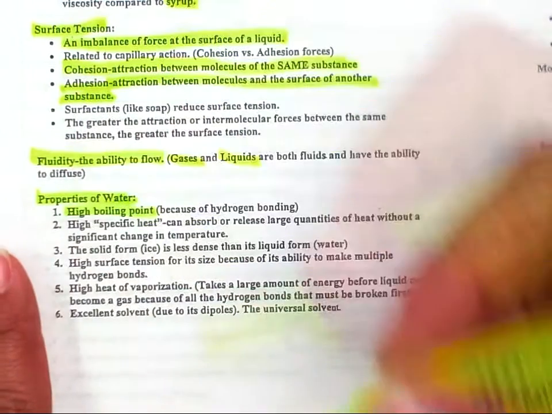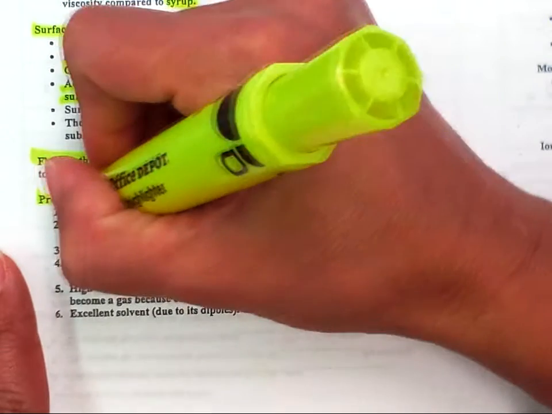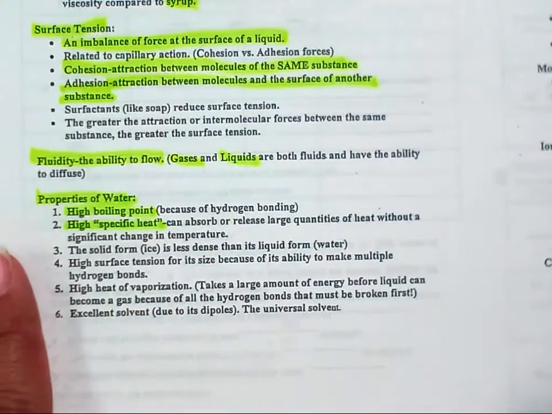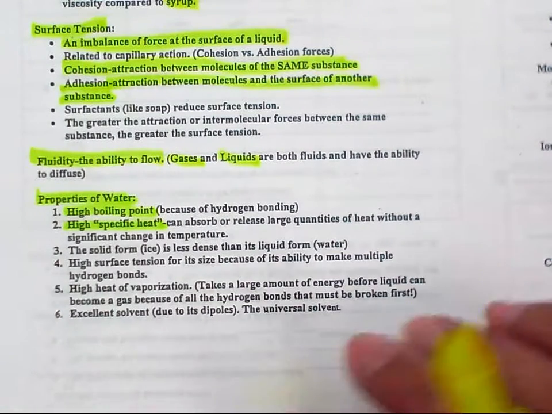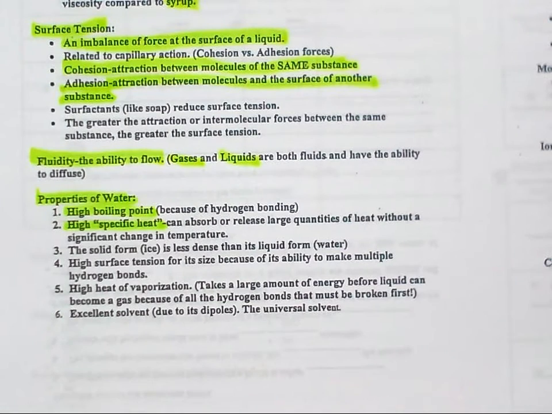So, water has a high boiling point. It has a high specific heat. So like our ocean will keep its temperature pretty consistent for a long time since it's a big body of water. It's hard for water to change temperatures. Like in the winter time, you know how sometimes we'll have weather days that are 30 degrees at night and then 70 degrees during the day in the atmosphere?